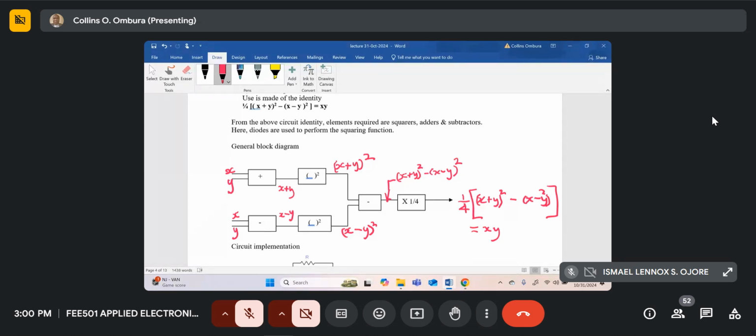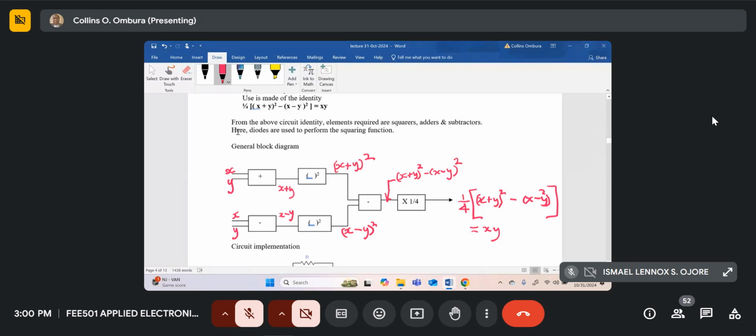So this implementation is known as the quarter square method, because you can see there's a quarter times into the brackets x plus y squared minus x minus y squared. In this method, the circuit elements required are squarers, adders, and subtractors.